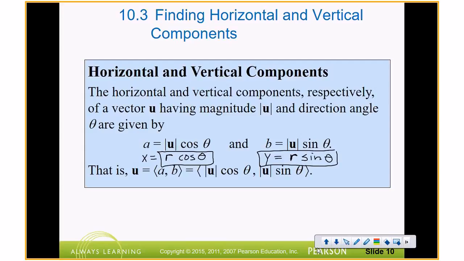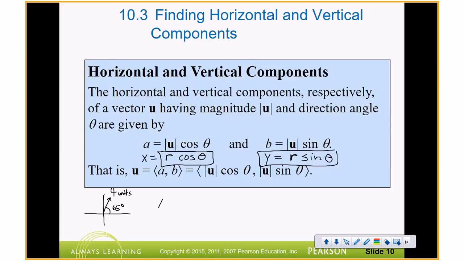Okay, so I don't feel like I have to spend a lot of time on this, because if I tell you that a vector is going like this, and the angle is 65 degrees, and the magnitude is 4 units, that's the magnitude, meaning 4 inches, 4 miles, 4 tons, 4 pounds, whatever the units are, then what would you do to find your x and y?